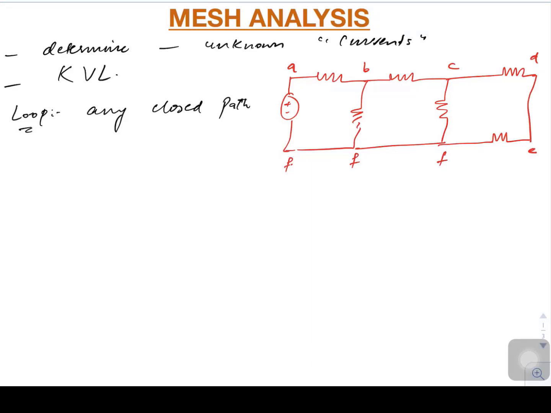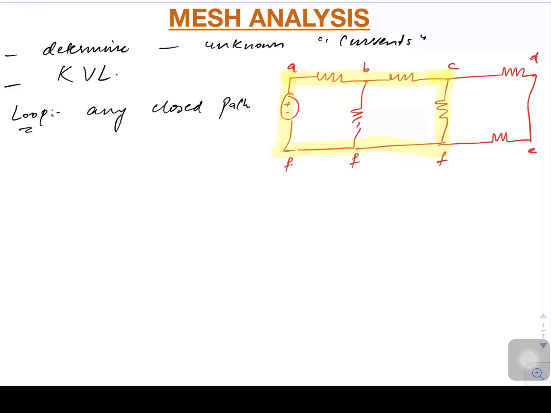Suppose I am starting from node A, and I traverse a path from A to B, B to F and come back. So this is my loop. So I can say this is also one of the loops. Similarly, if you traverse a path starting from A, B, C, and then come back like this, it is again a loop.